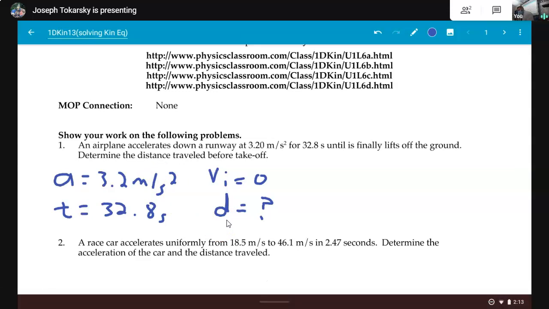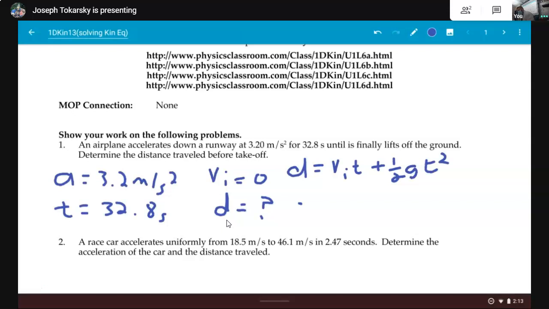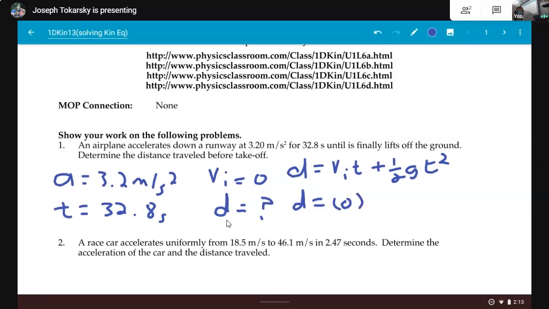So we just write down the equation. D equals V initial T plus 1/2 A T squared. Then we plug in the numbers. D equals 0 times T. 0 times anything is 0. So that part will kind of wipe away. That's 32.8. So I had to write small on here.